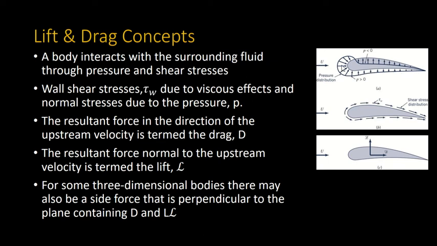And then at the top side of the airfoil, the pressure is less than 0. This side we call the suction side, where the velocity is high and the pressure is very low.